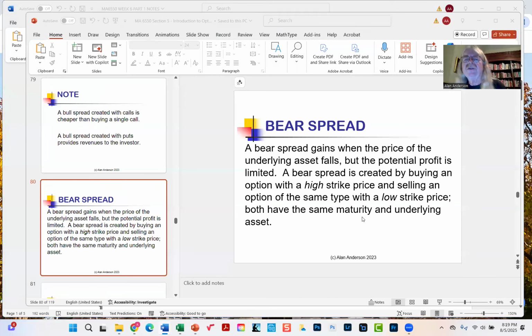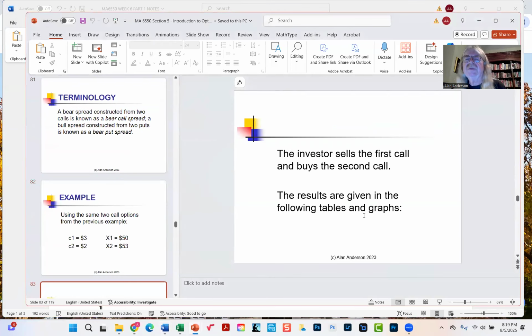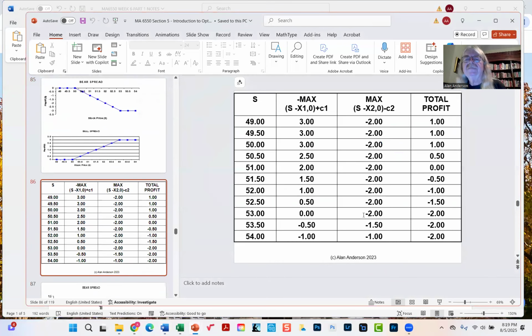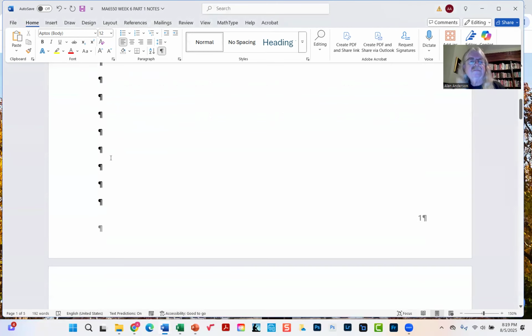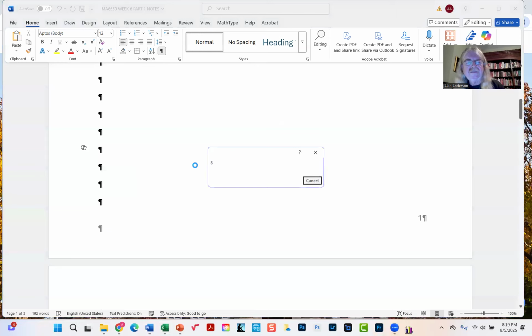And if you look at the graph, the results for that, let's jump ahead a little bit here. You'll see, there it is. You can see it's just been flipped upside down. In fact, I'll tell you what I'm going to do so you can see it better. I'm going to copy this into the notes. All right, we'll see how long that takes.